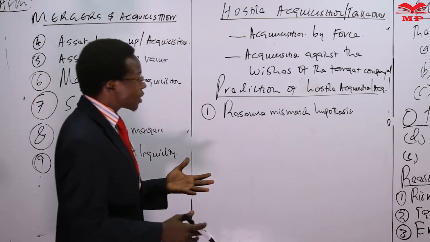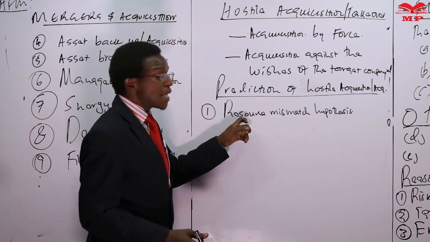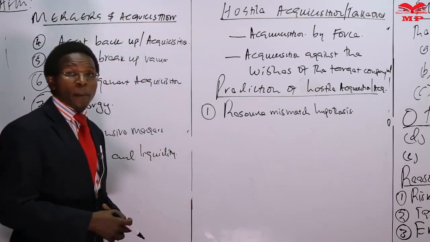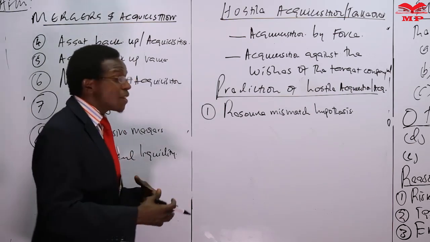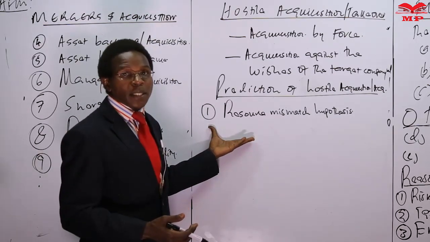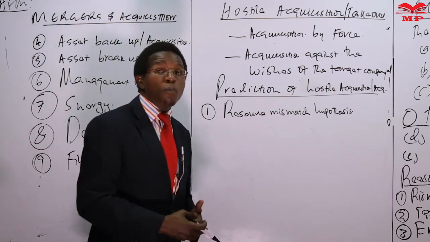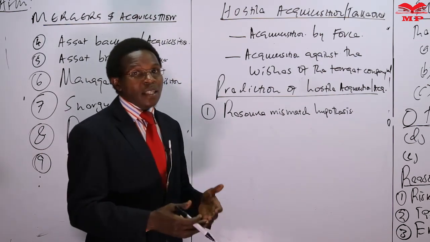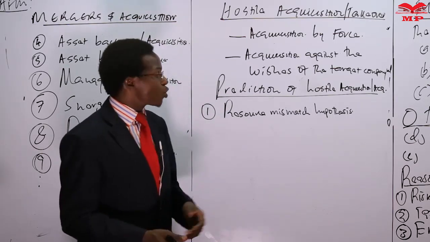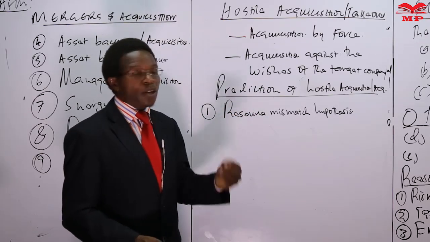In the resource mismatch hypothesis, it means that the company has the potential of performing better, but it does not have sufficient resources to make it perform better. At that point, we realize that this company may be performing poorly, not because it cannot perform better, but because the resources are unavailable. So those are some of the indicators that this company can easily be taken over.